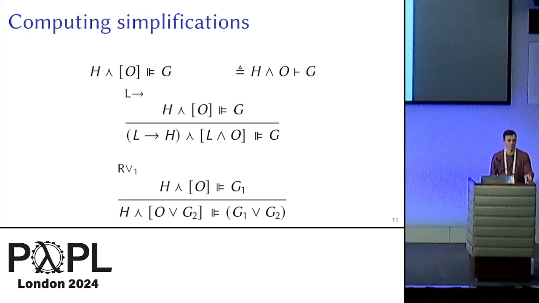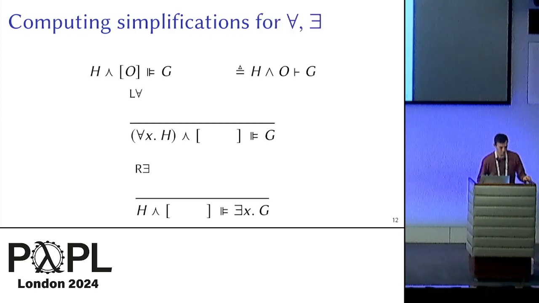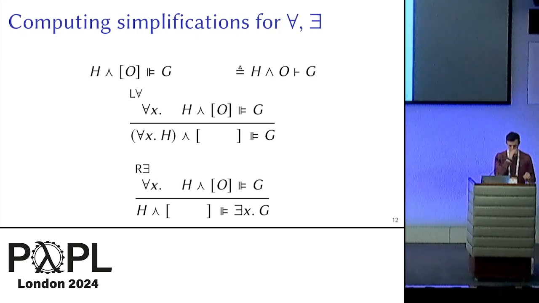Now let's get to the quantifier rules. If our hypothesis is a for all quantifier, or our goal is an existential quantifier, one rule says, okay, let us try to find a simplification that works for all x. So you get some O out of this.